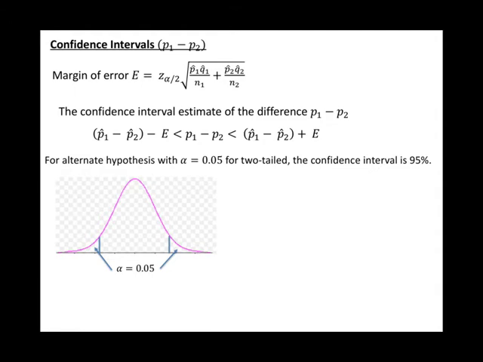The sum of the area of the two tails will be equal to 0.05. So think about it. What is the area in the middle here? Total area will be 1. 1 minus 0.05 is 0.95. That means we are working on a 95% confidence interval. So one more time, if you're working on the two-tail and they give the significance level, you could just subtract from 1 to figure out your confidence level.